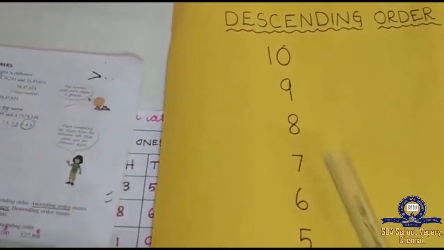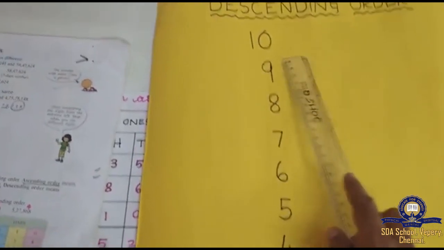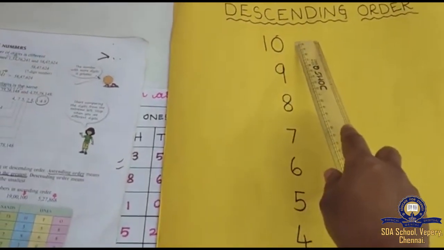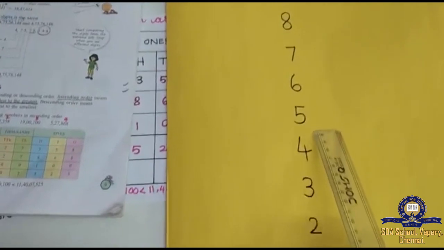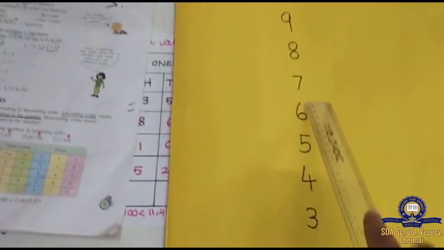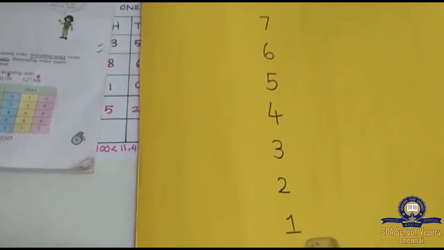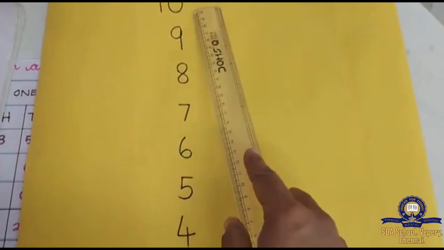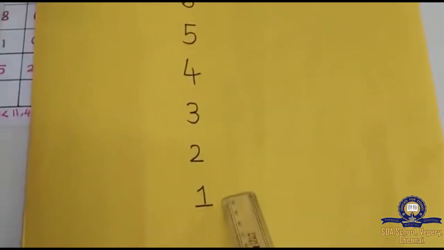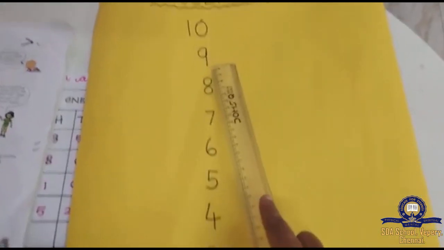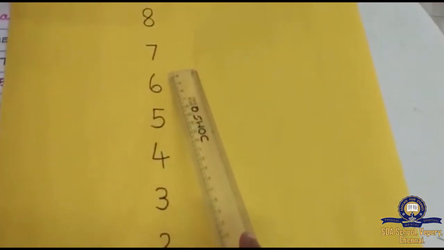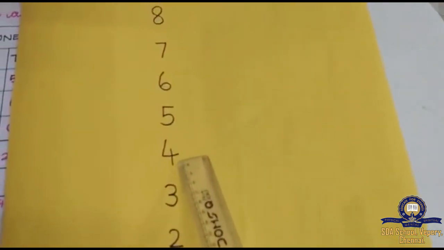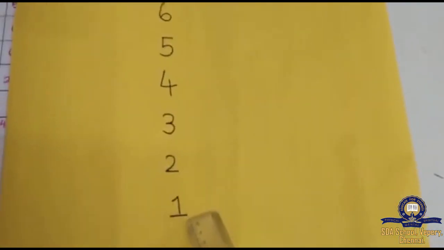And what is the meaning of descending order? Descending order means arranging the numbers from the greatest number to the smallest number. See, I have arranged the numbers, for example, from 10 down to 1, like 10, 9, 8, 7, 6, 5, 4, 3, 2, 1.